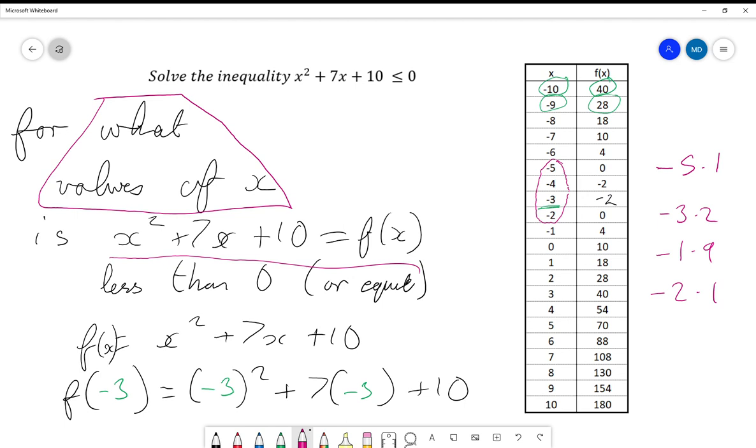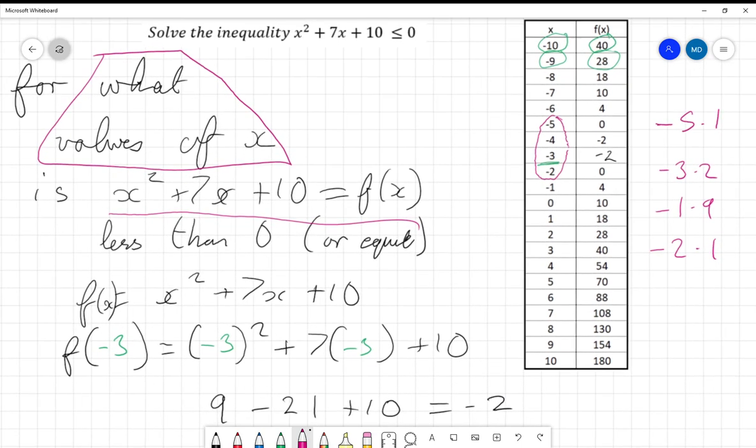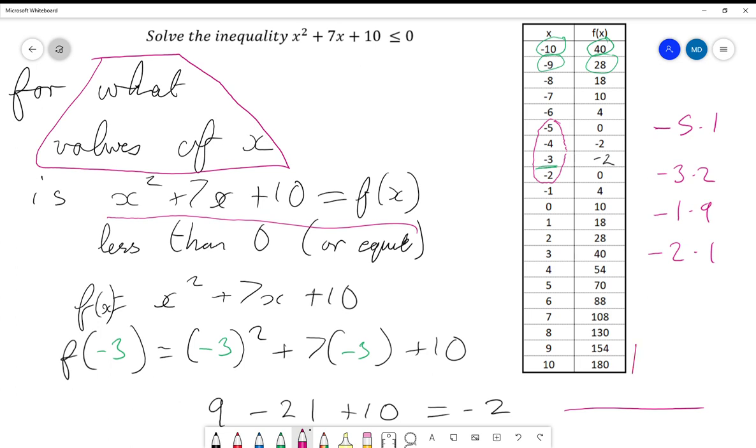Well, the trick in that regard is to think about our quadratic graph. And we know, if we think about a graph, that at negative 5 we get 0, and at negative 2 we get 0.